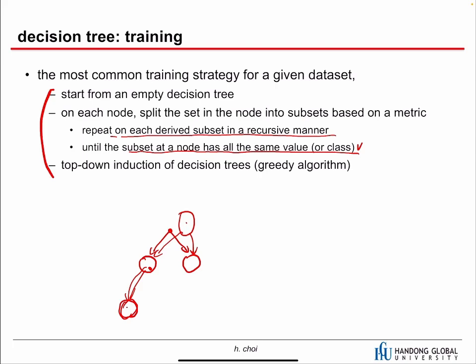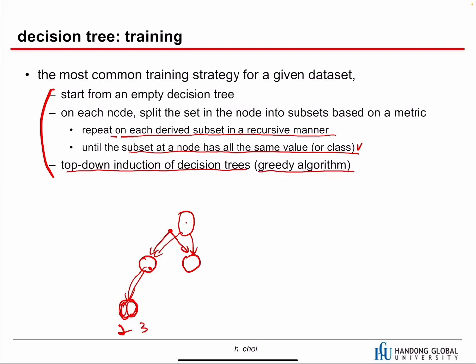But if we have half and half, or if we have two red class and 3 black class, then we still have to split this node. And this is the top-down induction of decision trees.